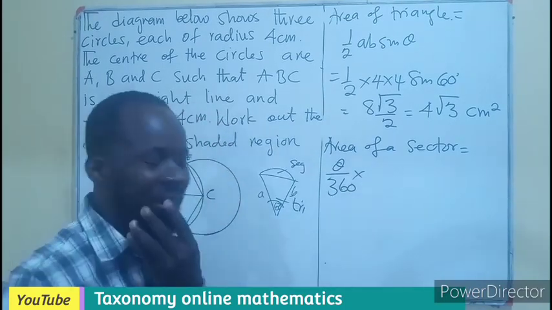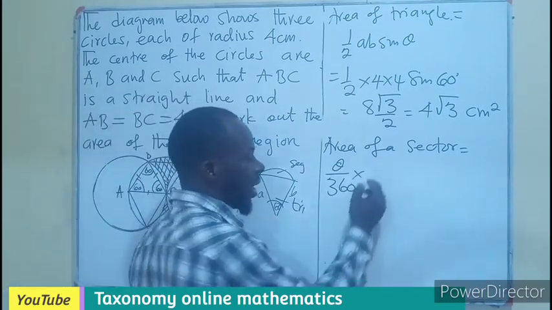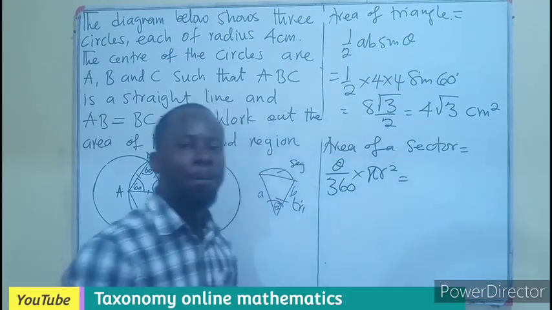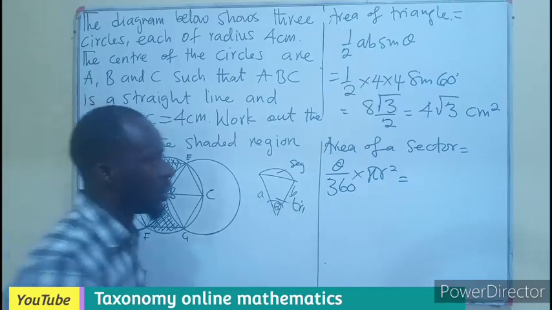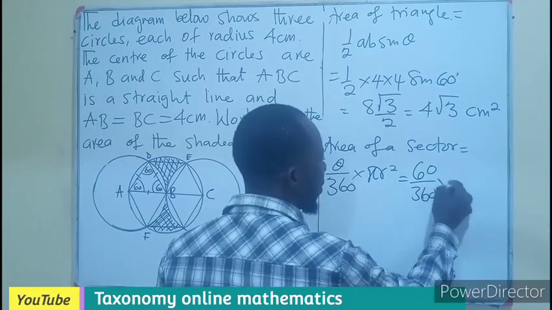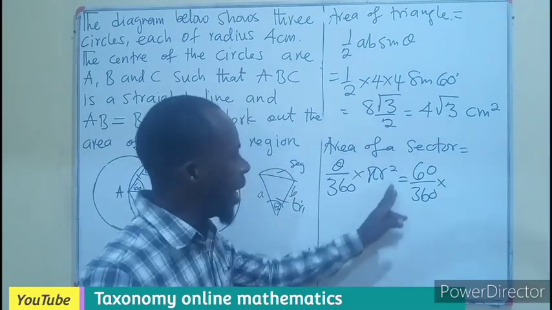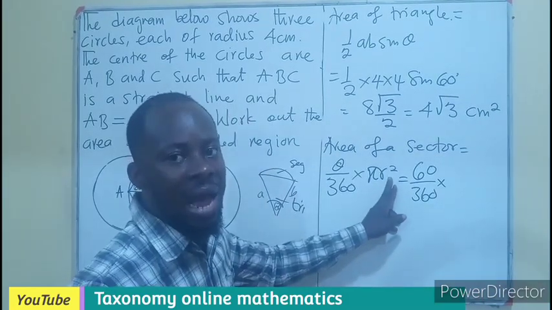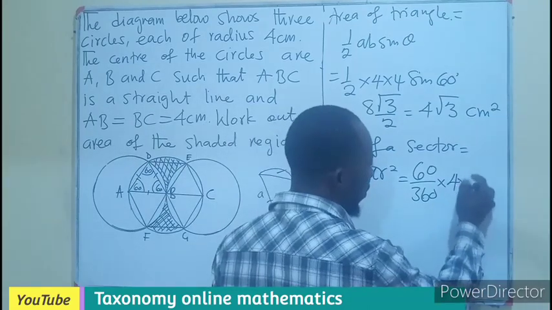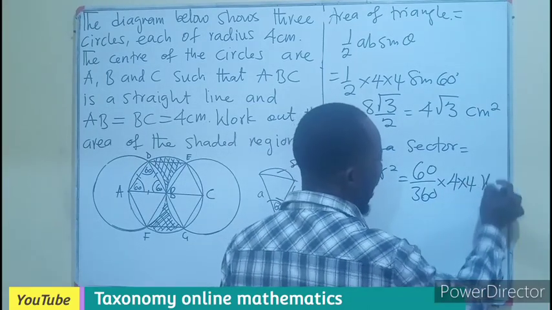The area of a circle. And area of a circle is going to be pi r what? Square. So per substitution, your theta is going to be 60 degrees. Pi times what? R, which is the radius. And the radius is 2. So 4 times 4 times what? Pi.